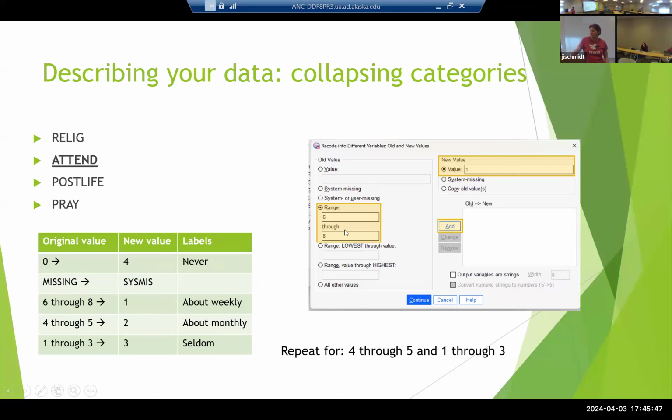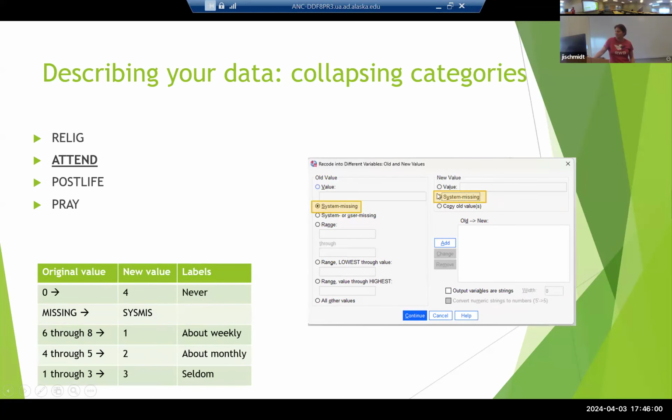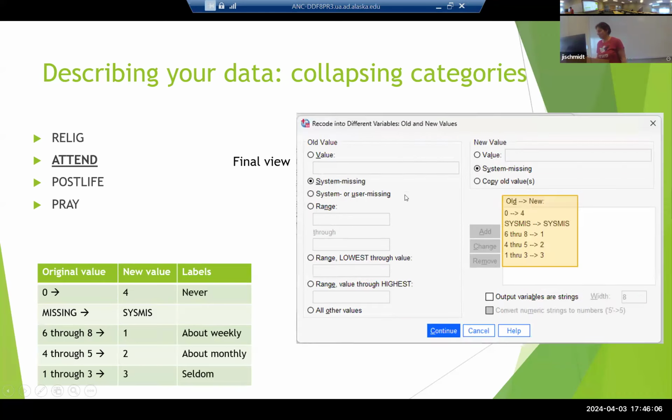And you step through that for every single one. So 6 through 8, then 4 through 5, and then 1 through 3. And then remember your system missing equals system missing. So pretty easy to do actually.